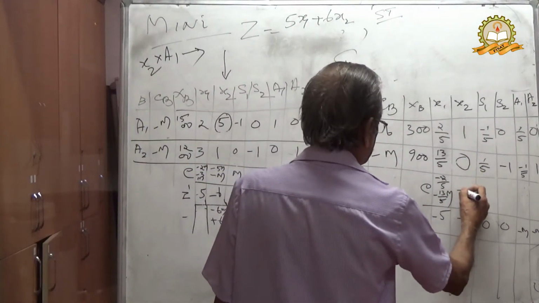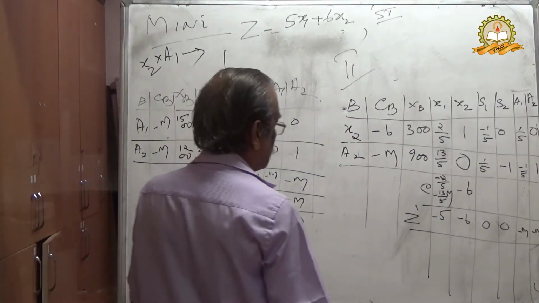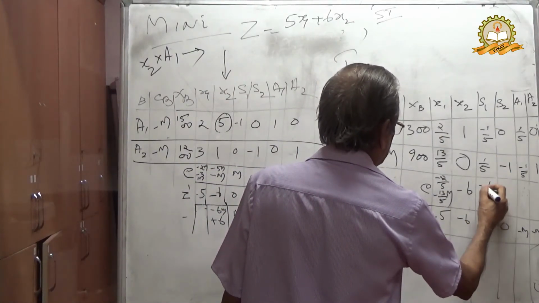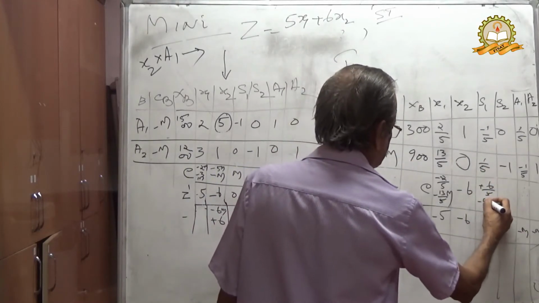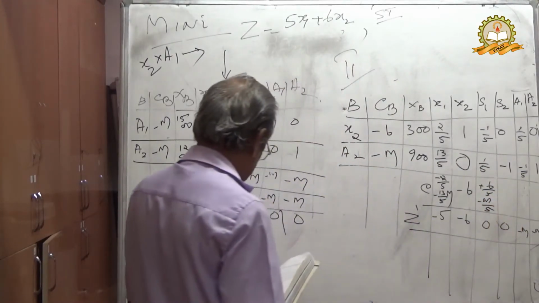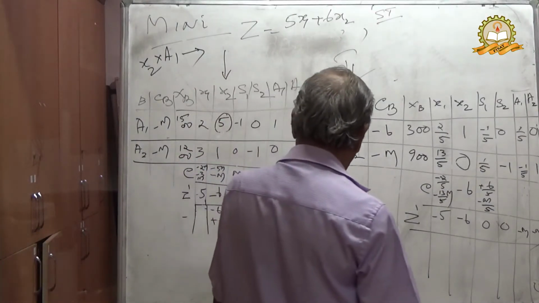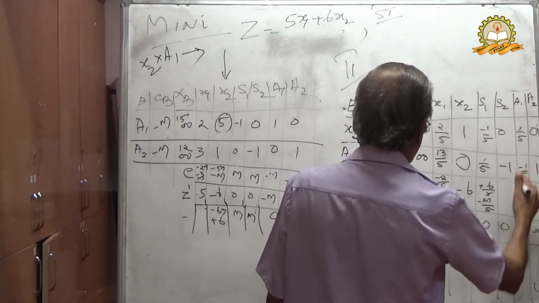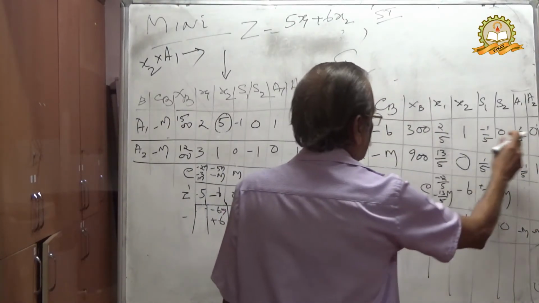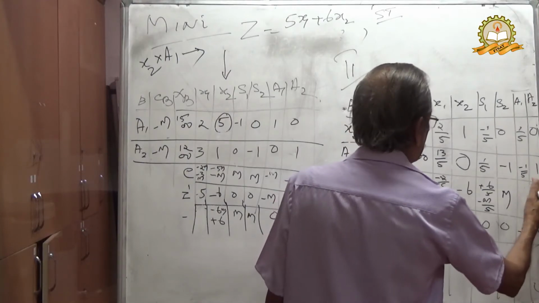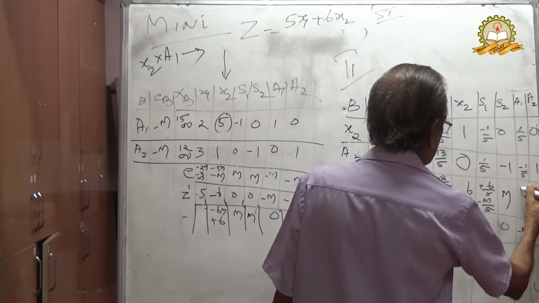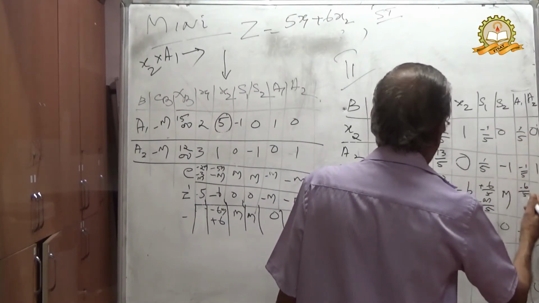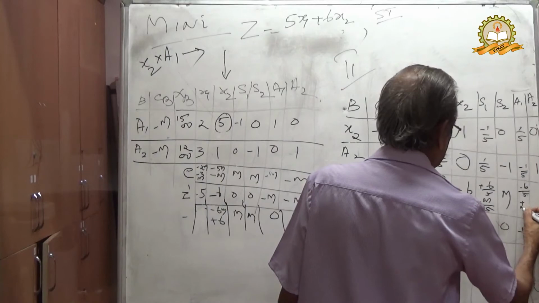This becomes minus 6, this becomes 6 by 5 minus m by 5. And this becomes m. And this becomes minus 6 by 5 plus m by 5.